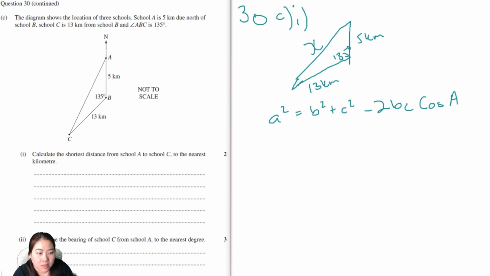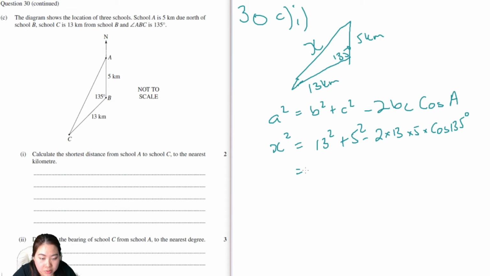This side has to be A, because we only have angle A. It doesn't matter which one is B and which is C, just pick one, times cos 135 degrees. And then you just put everything in the calculator.